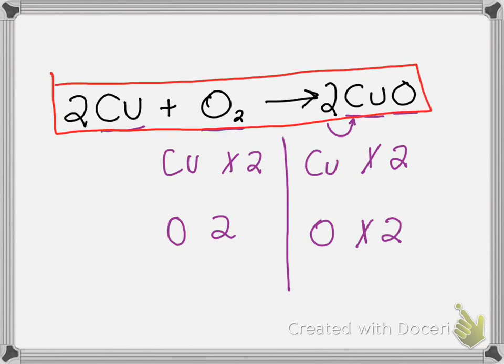Now I will give you some confidence: if you end up getting that all the coefficients are 1, meaning when you count it out, it's already balanced. There are several reactions in this lab where all of their coefficients are 1. So when you count up each of the atoms on both sides, they will be equal without adding any coefficients.